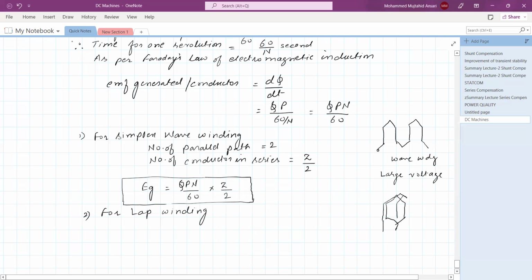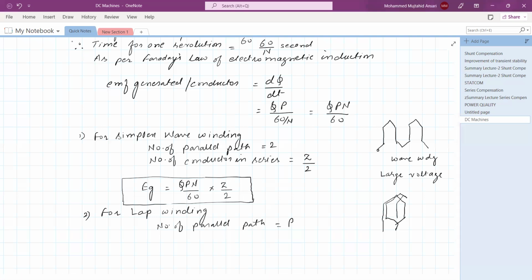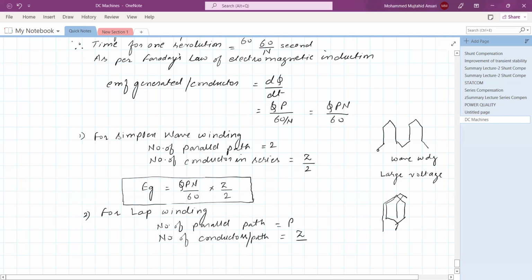So here the number of parallel paths is equal to P, the number of poles. So we can say that the number of conductors per path is equal to Z upon P.